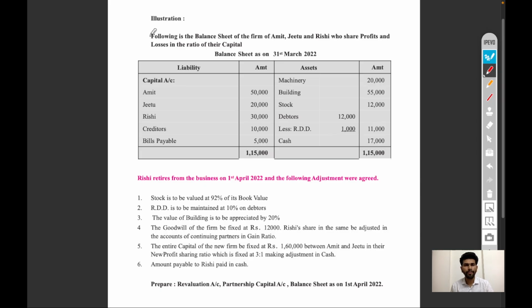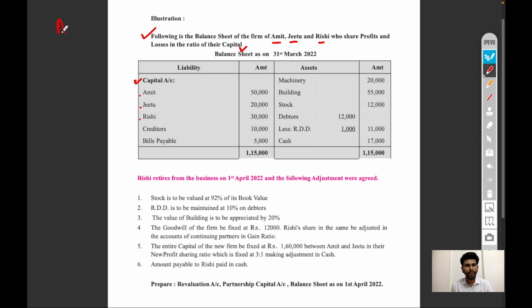Next illustration: following is the balance sheet of the firm of Amit, Jitu and Rishi, who share profits and losses in the ratio of their capital. So the capital of Amit, Jitu and Rishi is 50,000, 20,000 and 30,000 rupees.